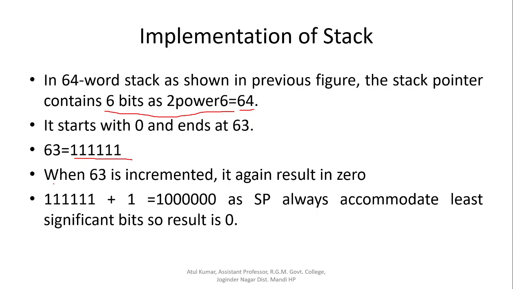When we increment 63, it again results in 0. By this demonstration it is clear, when 1 is added to 6 ones, the result is 1 0 0 0 0 0 0, and as the stack pointer only accommodates the least significant bits, the result is 0.